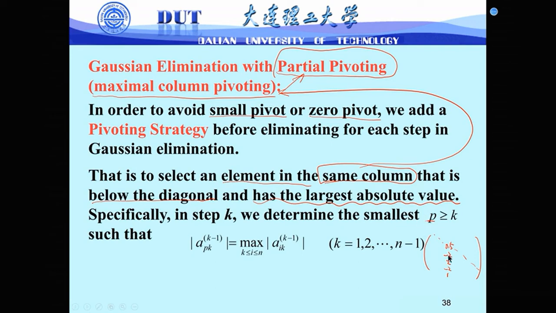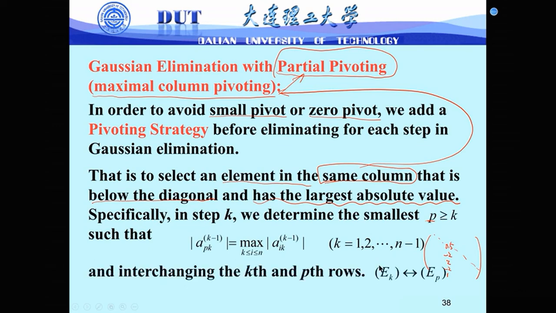Because p means the index of the row. So here this number p is just below the diagonal. So you only need to choose the first one, so that it has the largest absolute value. Is it okay? Then we interchange the k-th row and the p-th row.